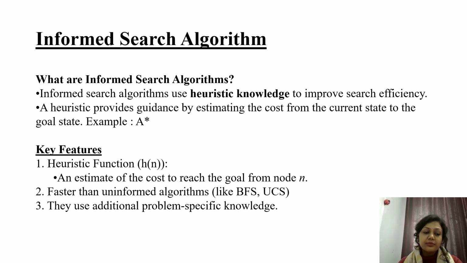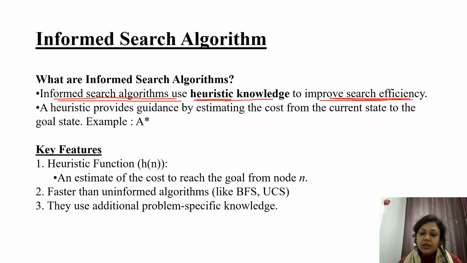Informed search algorithms are algorithms that use additional information, often called a heuristic, to guide the search process. Now what is a heuristic? Informed search algorithms use heuristic knowledge to improve search efficiency.